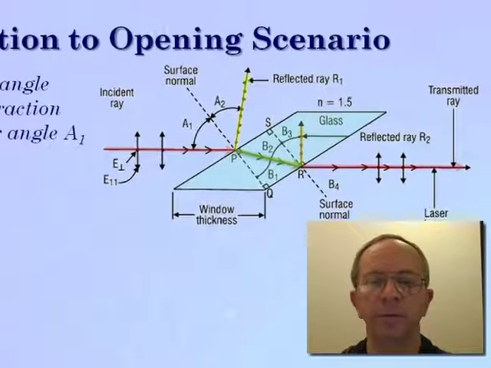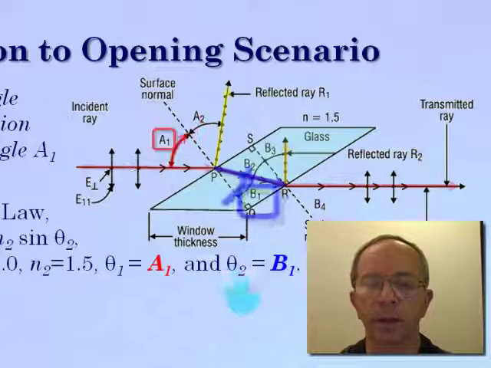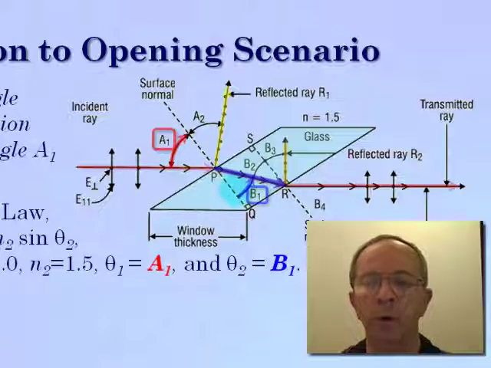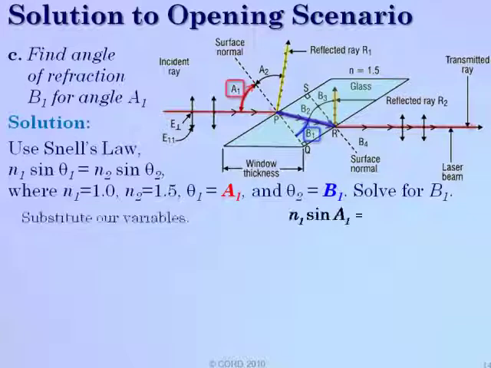Part C says, find the angle of refraction. All right? The angle of refraction is also measured against the normal. And so we've got angle A1 coming in and angle B1 coming out of the interface of that media, measured against the normal line. So we'll substitute our variables into Snell's law, which says n1 sine theta 1 equals n2 sine theta 2.